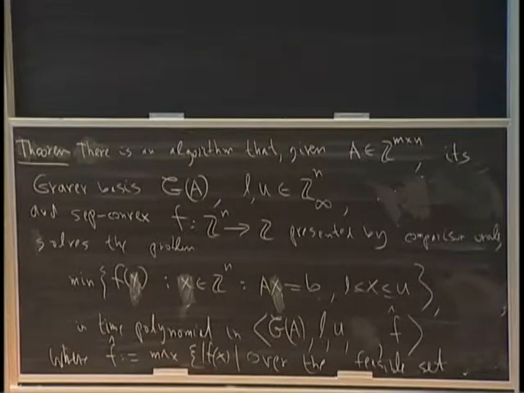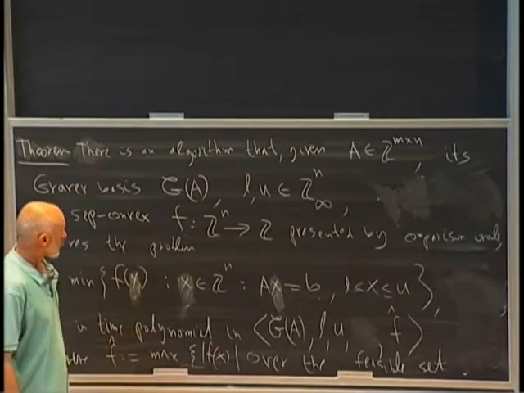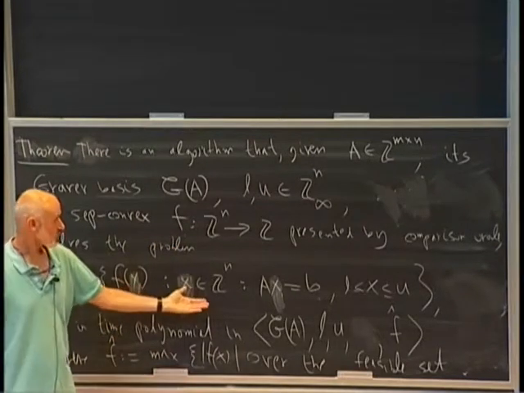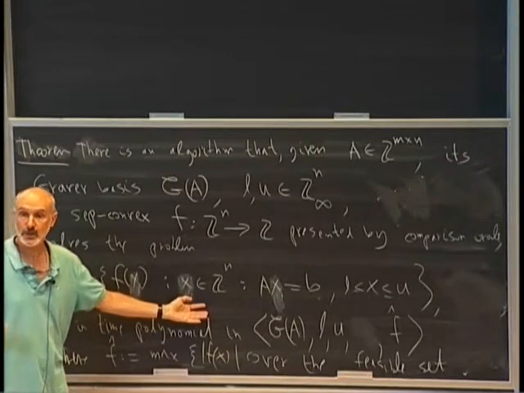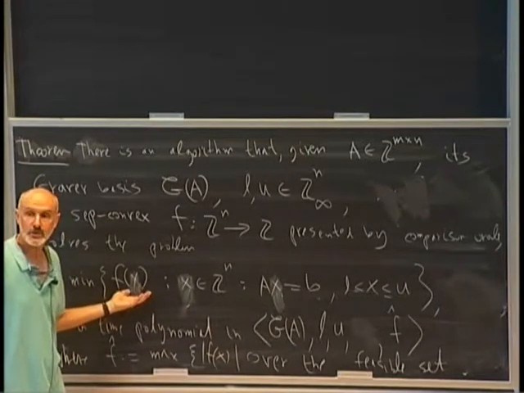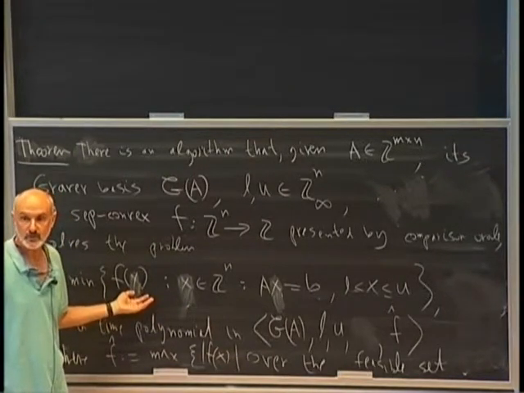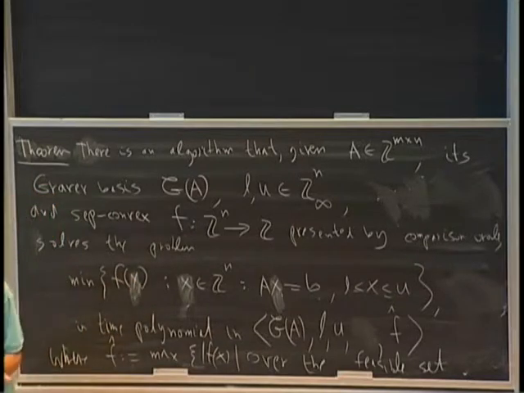Now, if I look at this problem, well, this is really an integer programming problem, not only linear, but a broader class of integer programming problems. And integer programming problems are NP-hard. So what goes wrong here? We are given a Graver basis.